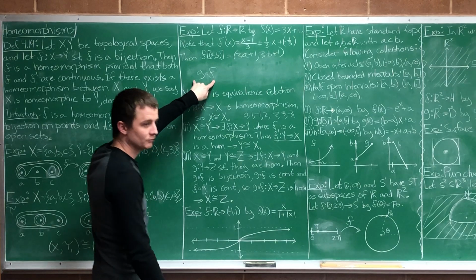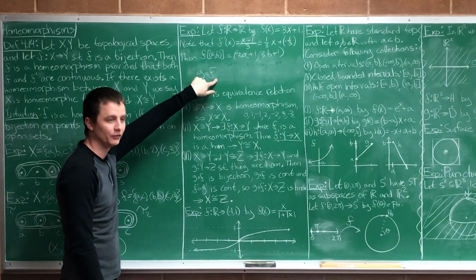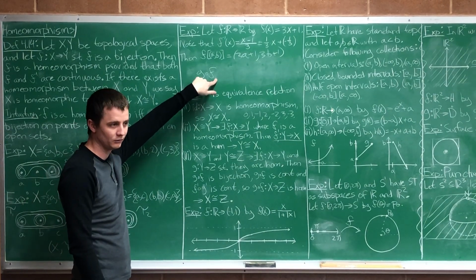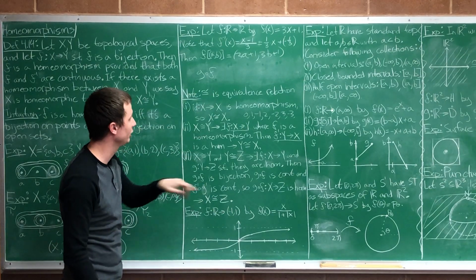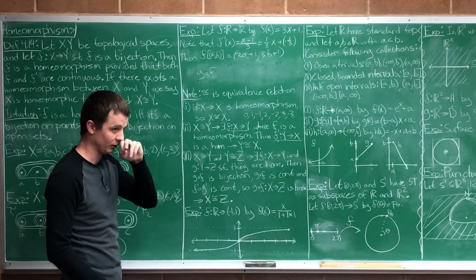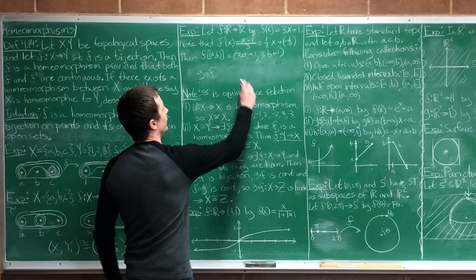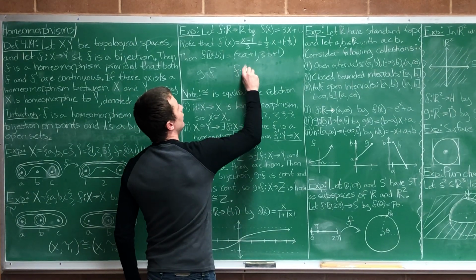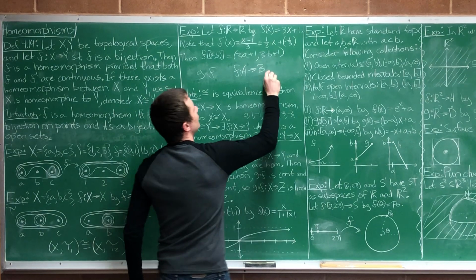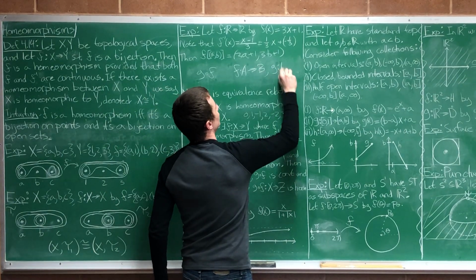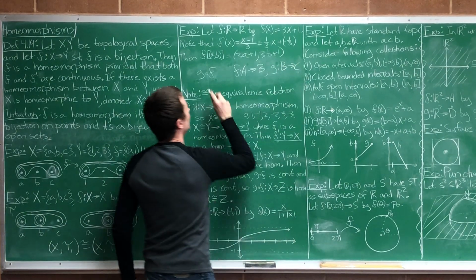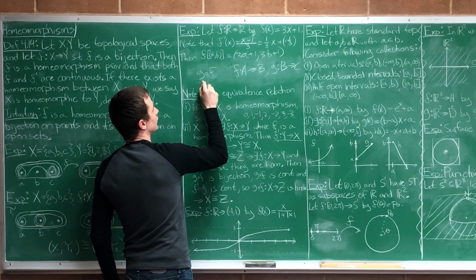So, composition of continuous functions is also continuous. That's all you're going to need to remember here to get this together. And note also that if f is a function from A to B, and g is a function from B to C, then g after f is going to be a function from what?